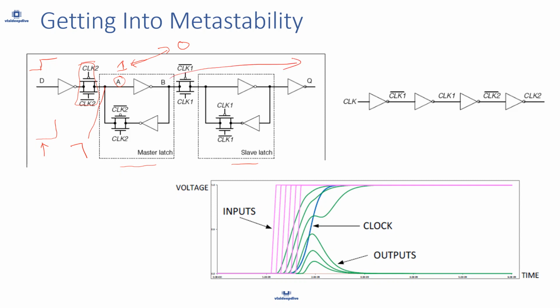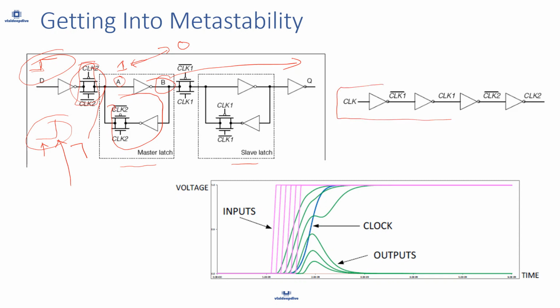Now what happens is, if this transition happens very close to the clock edge, as soon as the clock edge comes, this will close. Why does metastability happen? It takes some time for this circuit to become stabilized. What is the meaning of stabilized? D changed from 0 to 1, so B has to become 1, and it takes some time because of the delays in the logic involved.